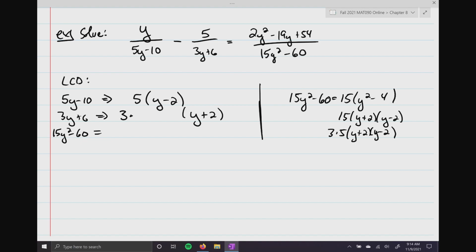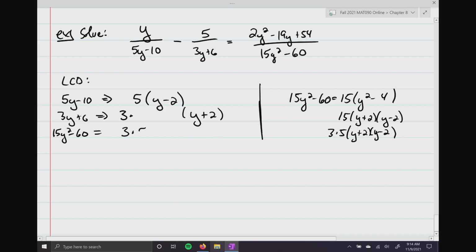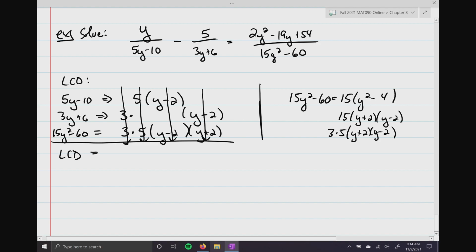The 15y to the second minus 60, watch when I write this nice and neat underneath. 3 times 5 times, I'm going to put the y minus 2 first, and then the y plus 2 second. So I think you can see that if I come straight down, my LCD is going to be 3 times 5 times y minus 2 times y plus 2.